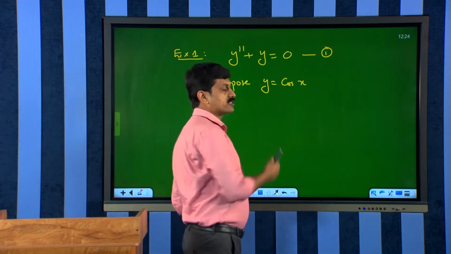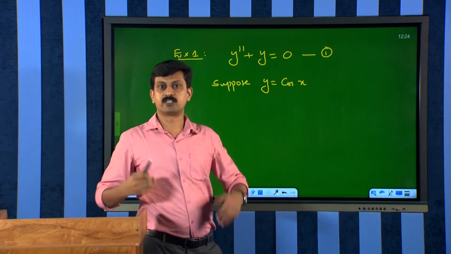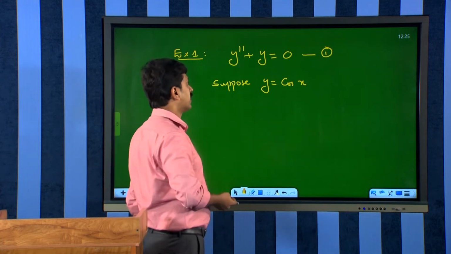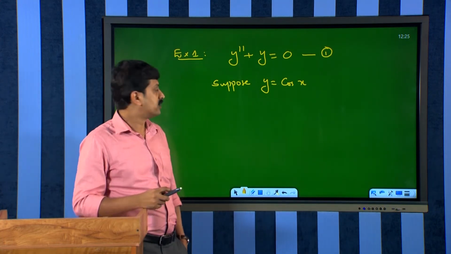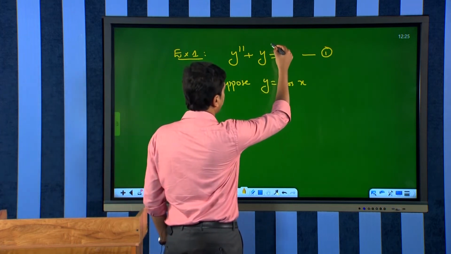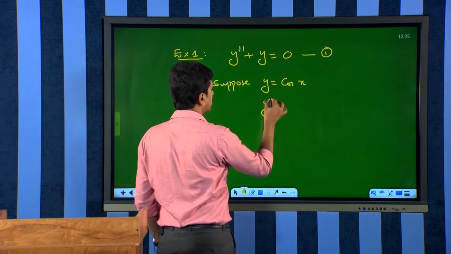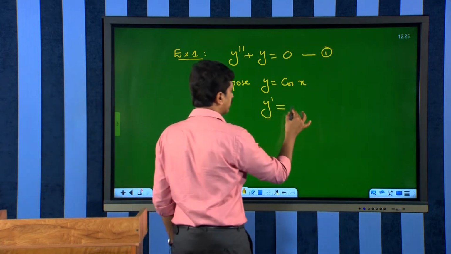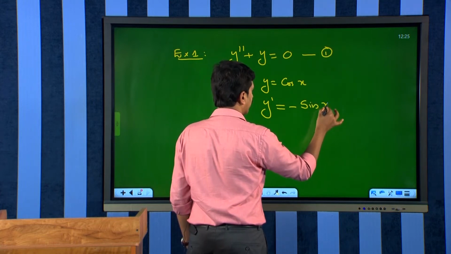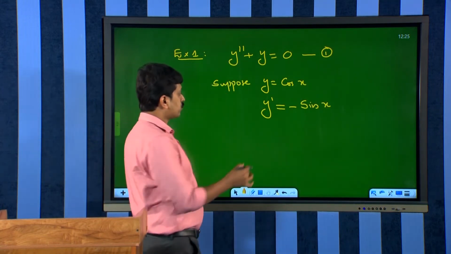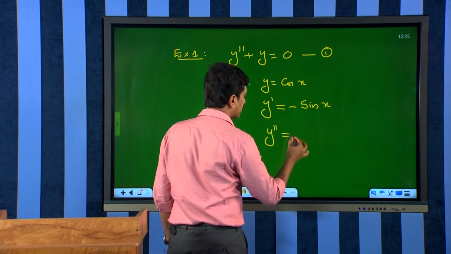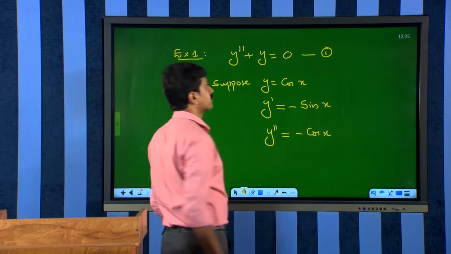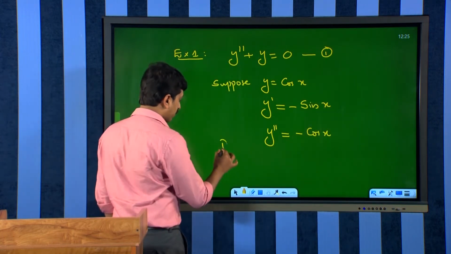Say y is equal to cos x is a continuously differentiable function, defined and differentiable on the entire real line. So we have y, y dash and y double dash. Finding y dash, the derivative of cos x is minus sin x, and y double dash is minus the derivative of sin x, which is minus cos x. Put in equation 1.